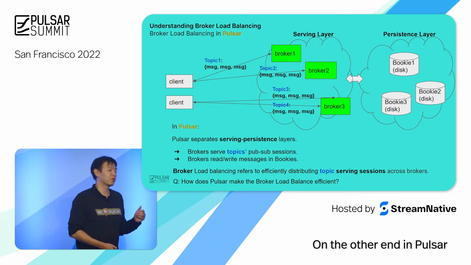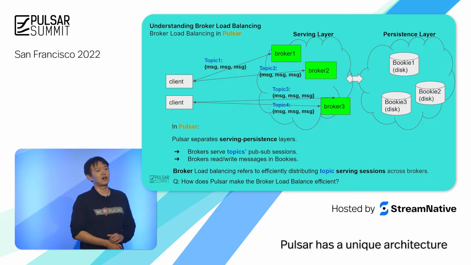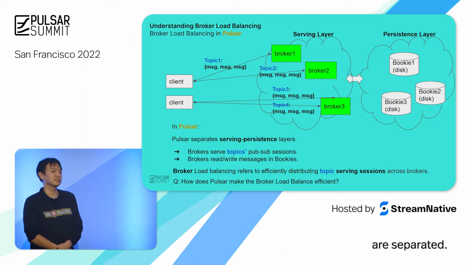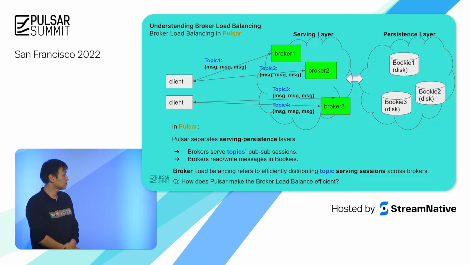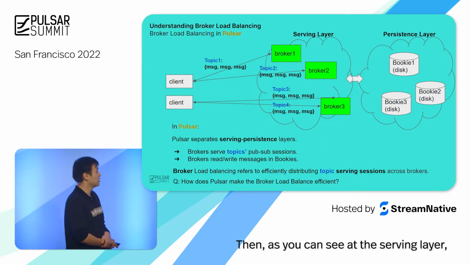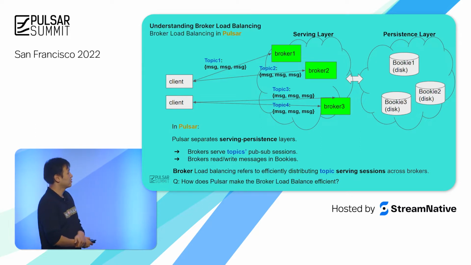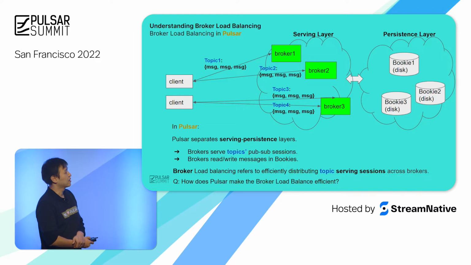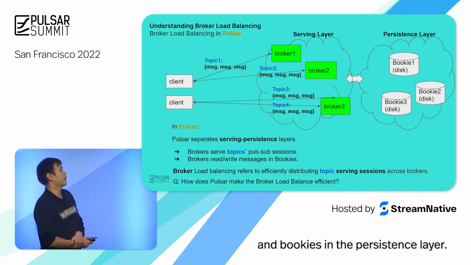On the other hand, Pulsar has a unique architecture where the serving layer and the persistent layer are separated. As you can see, at the serving layer, brokers serve topics and pub/sub sessions, and brokers read and write messages to bookies in the persistent layer.